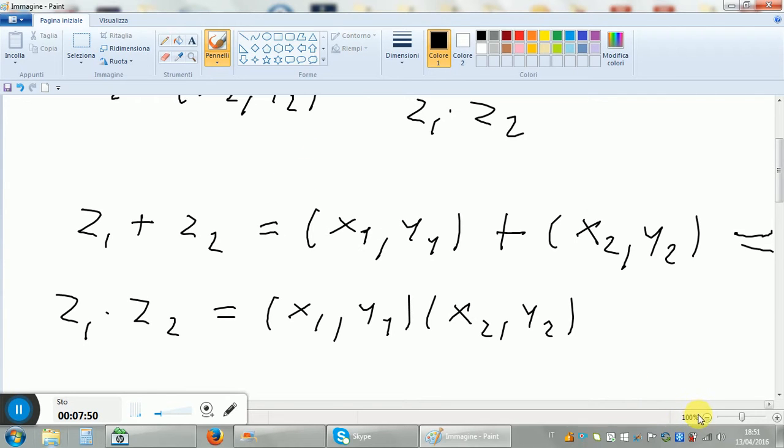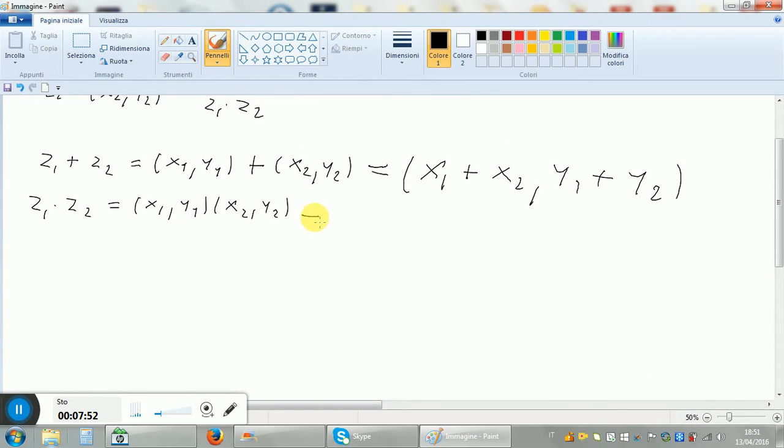That is equal to (x1 times x2 minus y1 y2, and x1 y2 plus x2 y1).